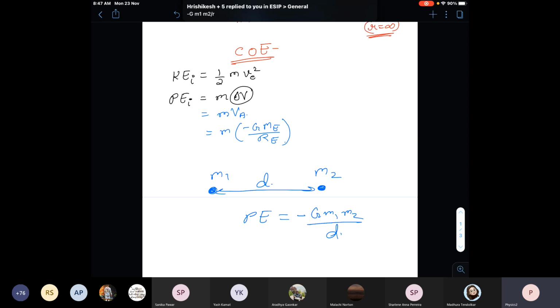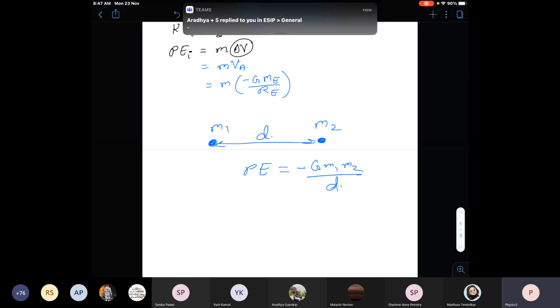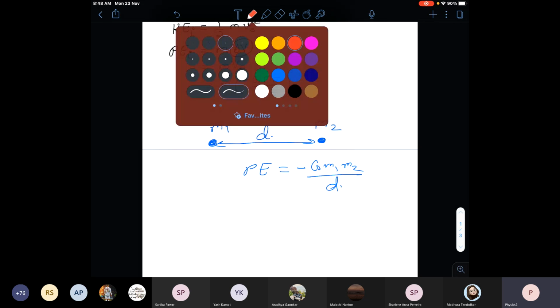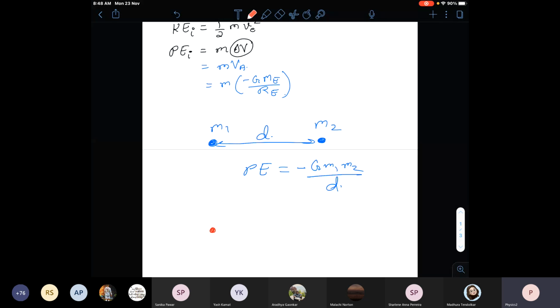Now see, another way to visualize potential energy is this. First of all, just imagine that I have a point mass m1, and I have a point A at d distance.